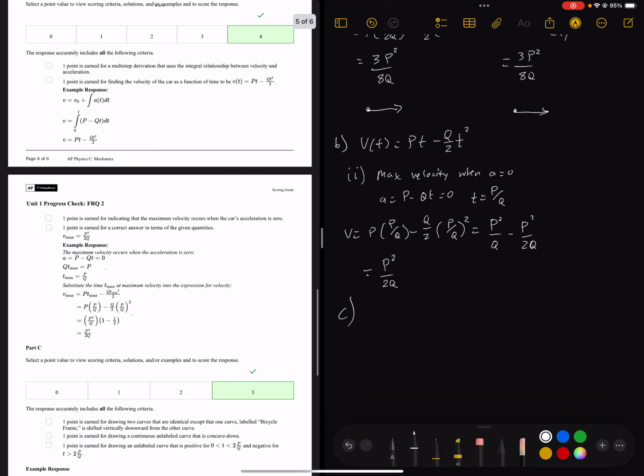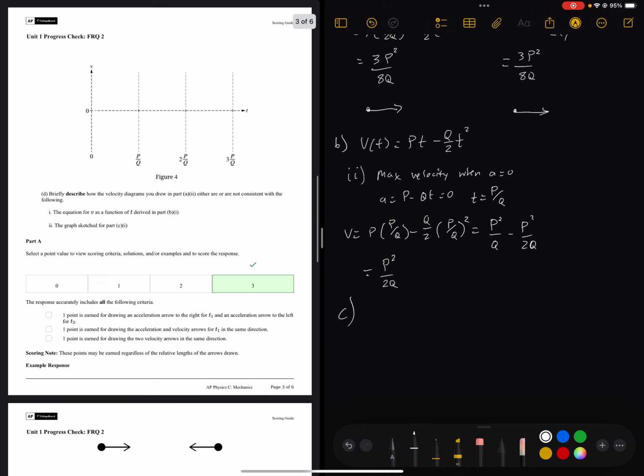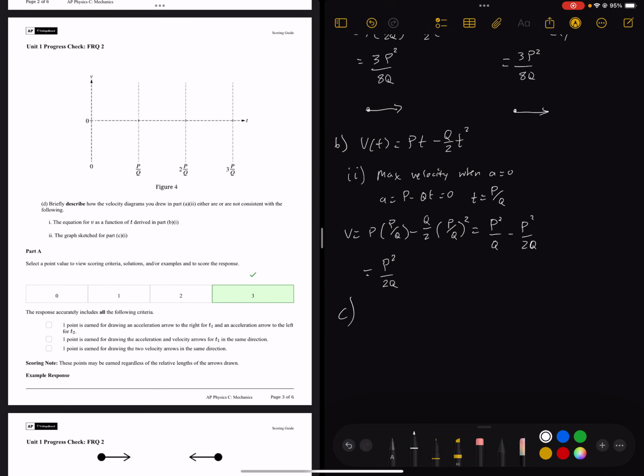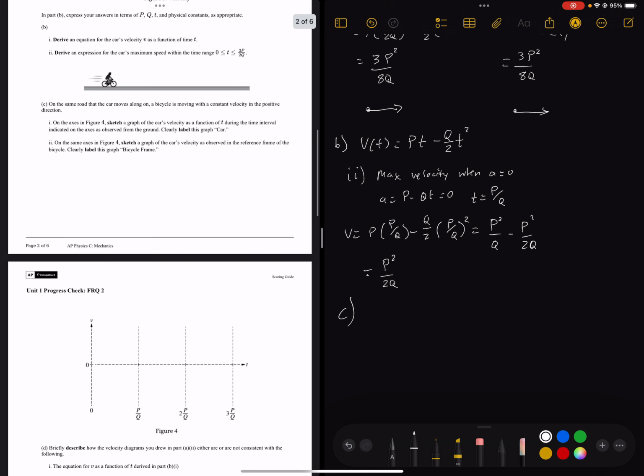So let's just look at the graph on the scoring guideline. In terms of drawing the bicycle graph, all it says is you're looking at the observed reference frame from the bicycle. So the bicycle is traveling in the same direction as the car. Say the bicycle is traveling at 5 meters per second with respect to the road, and the car is traveling at 50 meters per second with respect to the road.